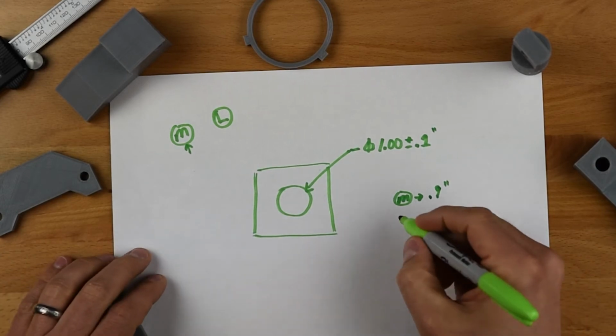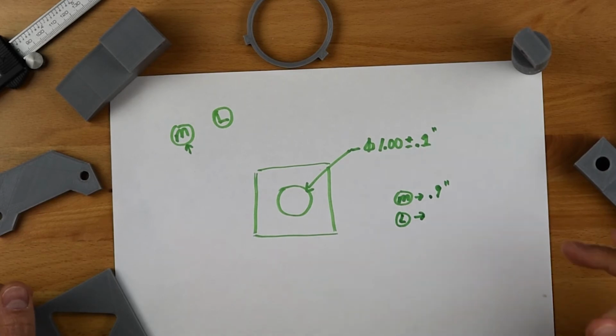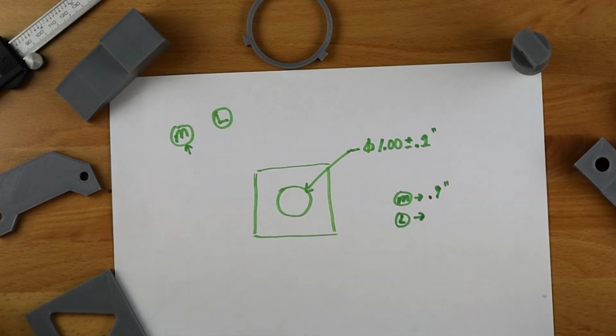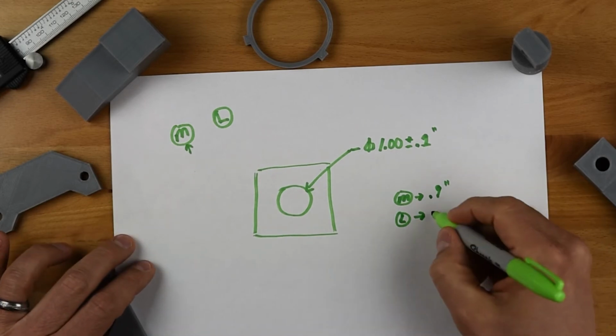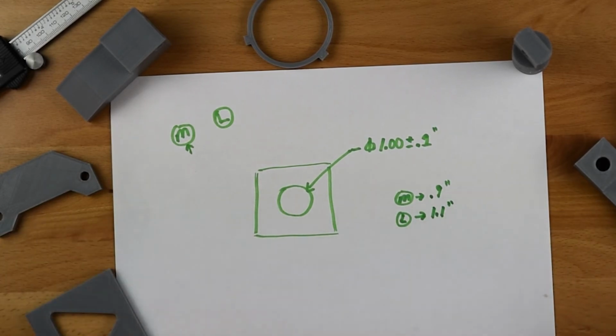If we're dealing with least material condition, it sounds exactly like the modifier. Where is the least amount of material for this part? You've got it, 1.1 inches. So when this hole is produced at 1.1 inches, that's at the least material condition.